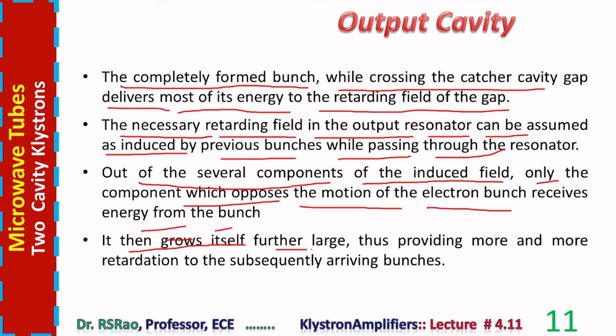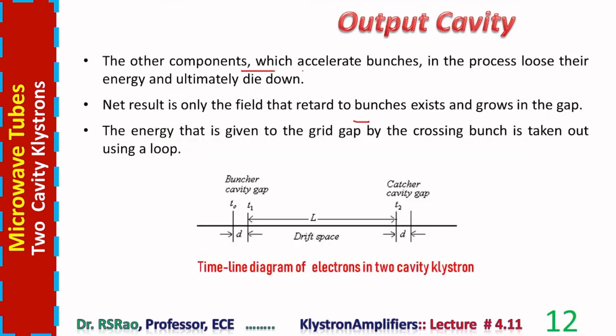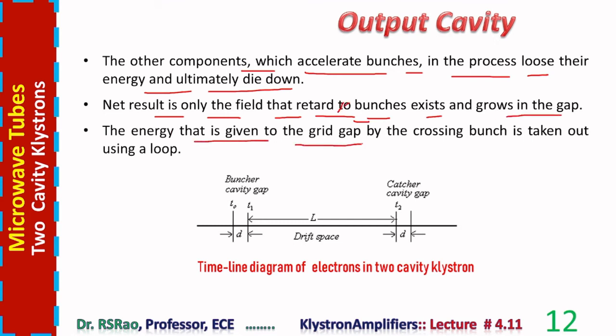It then grows further, thus providing more and more retardation to the subsequently arriving bunches. The other components which accelerate bunches lose their energy and ultimately die down. The net result is that only the field that retards the bunches exists and grows in the gap. The energy given to the grid gap by crossing bunches is taken out using a loop.